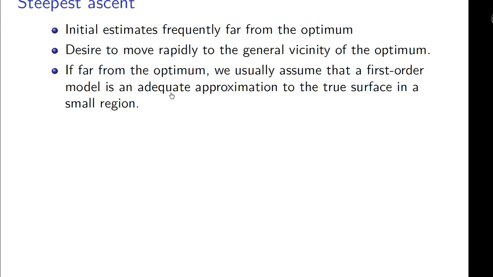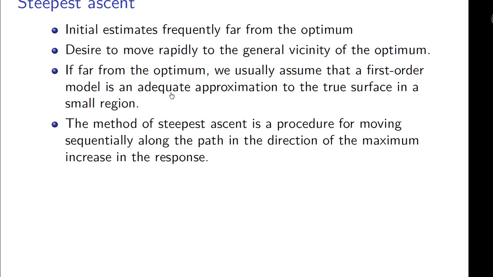And it doesn't have to be a very complicated computational procedure. If we're very far from the optimum, we don't need a very accurate model. Typically, a first order linear model is adequate to get us pointed in the right direction. And then later on, we can refine that model. It's a sequential procedure, meaning we move step by step, for moving along a defined path towards the maximum in the response.